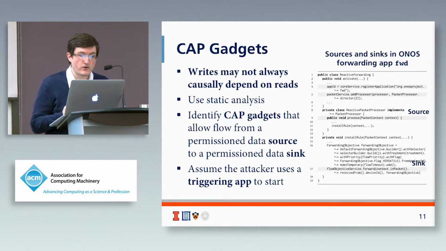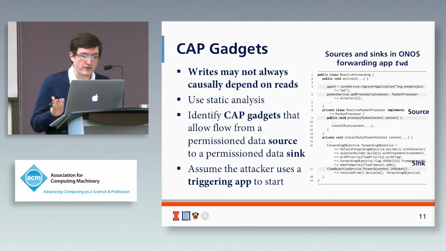And to do that, we performed field-sensitive interprocedural data flow static analysis in order to identify what we term cap gadgets. Essentially, cap gadgets are programs that allow a flow from some permissioned data source to a permissioned data sink.